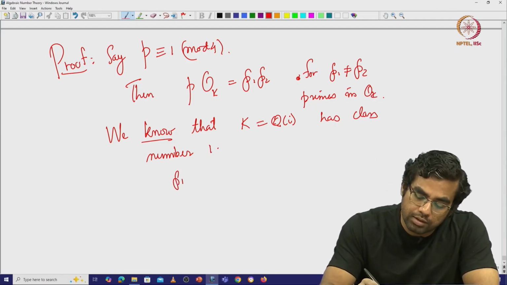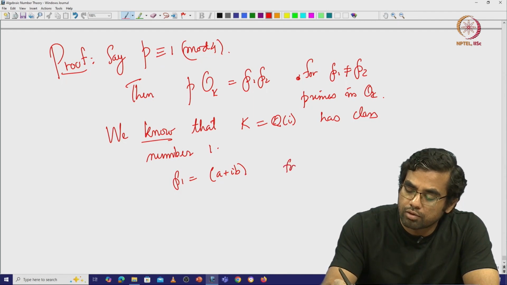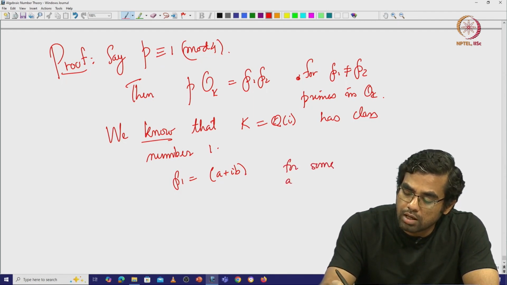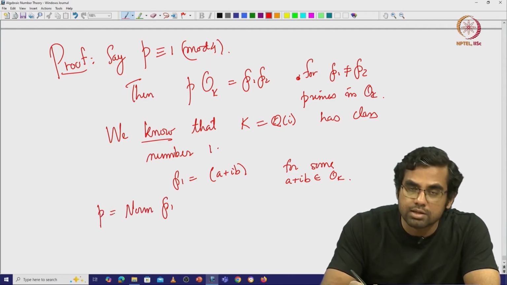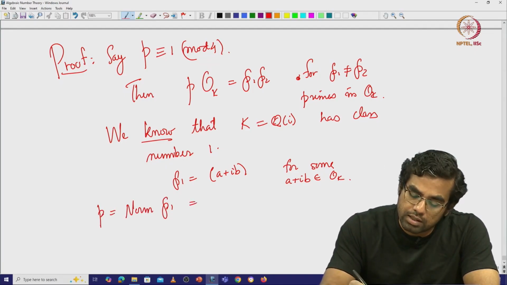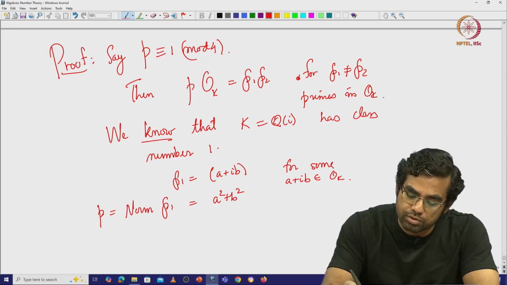Okay, so P1 is generated by a plus ib for some a plus ib in O_K. Now we look at the norm of P1. So the norm of P on the one hand is P, and on the other hand it is a squared plus b squared.